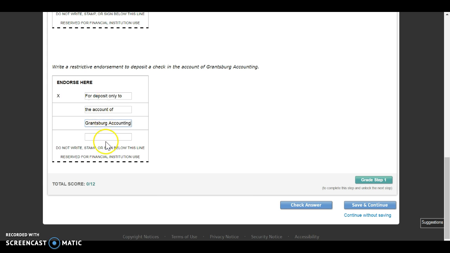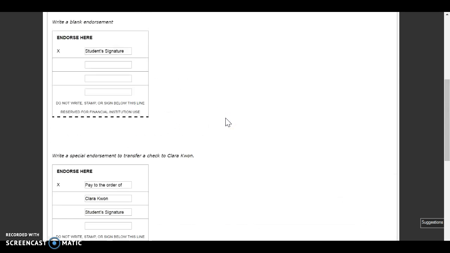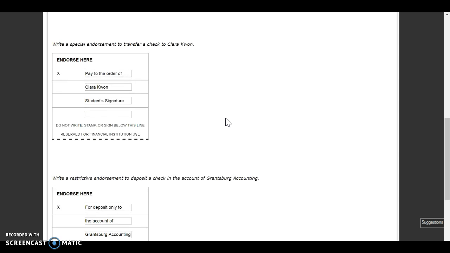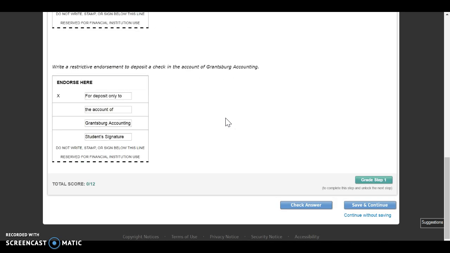And then the last thing that we need to do again is endorse it. So we're going to say student signature. Okay, so that is our blank endorsement, our special endorsement, and then our restrictive endorsement.